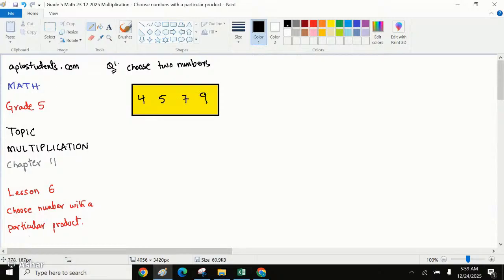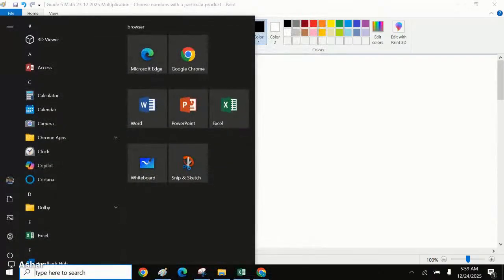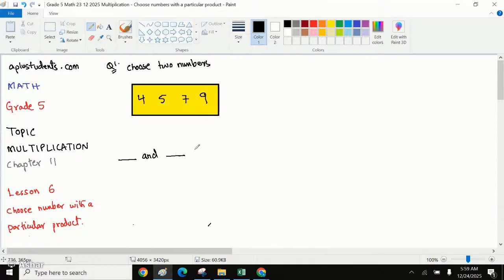The question says dash and dash, I'm making a dash so that we need to fill this in: dash and dash have a product of 63. So we need to find the two numbers which have a product of 63, right?